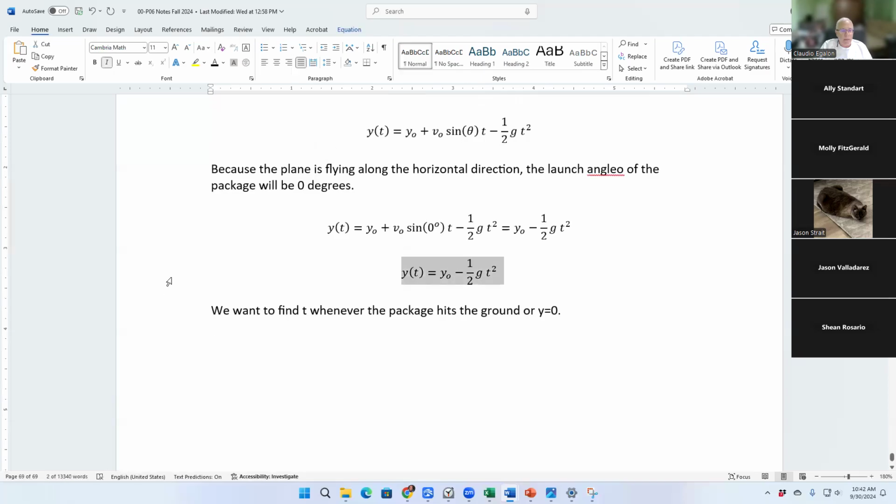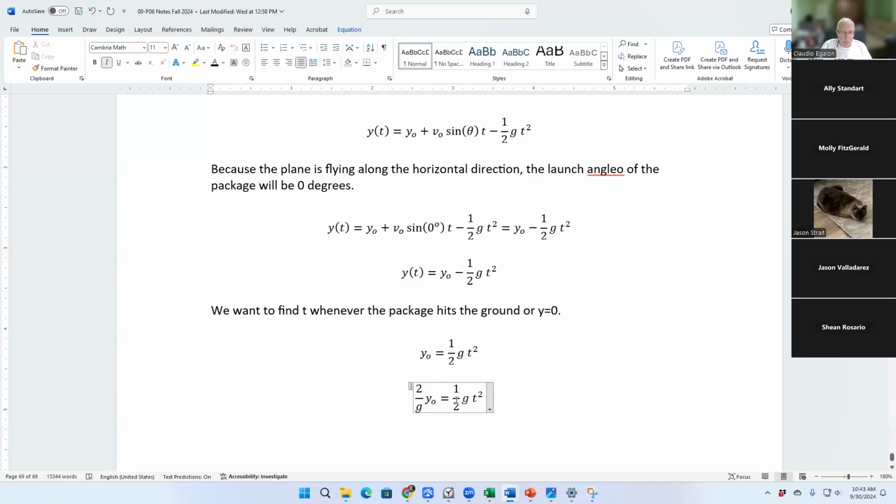So let's do it. Here is 0. I pass the y naught to the right side, and now we can solve the equation: 2 y naught over g.